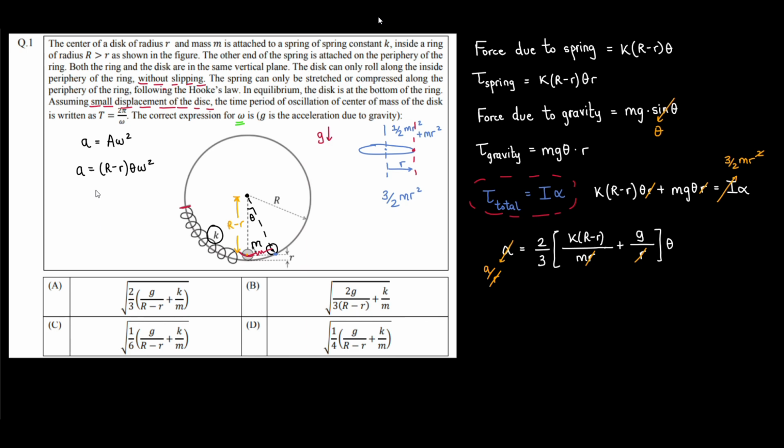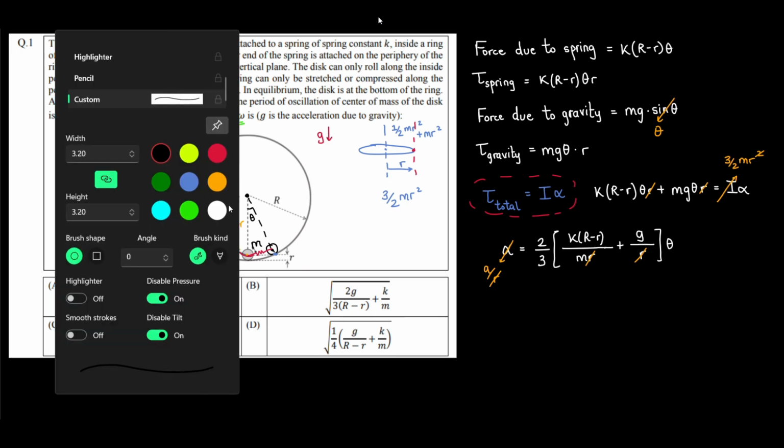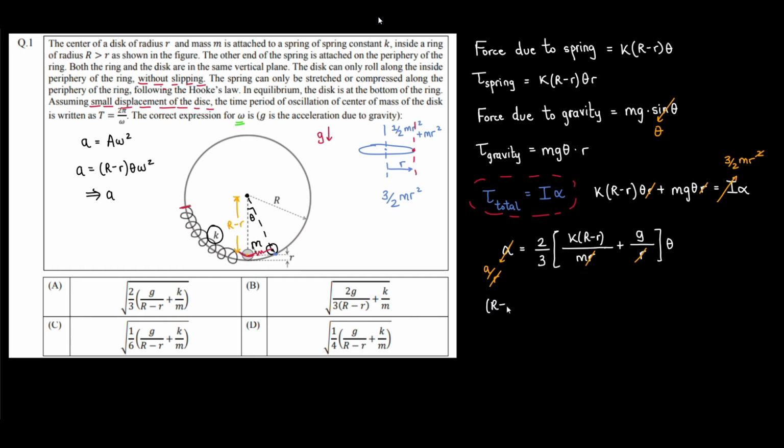So now replacing this, we can write (R minus r) into theta into omega square is equal to 2 by 3 into (k into (R minus r) by m plus g into theta).